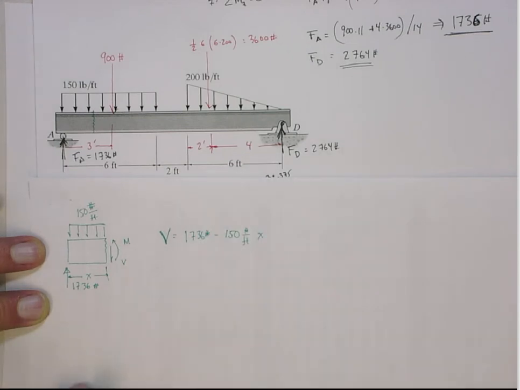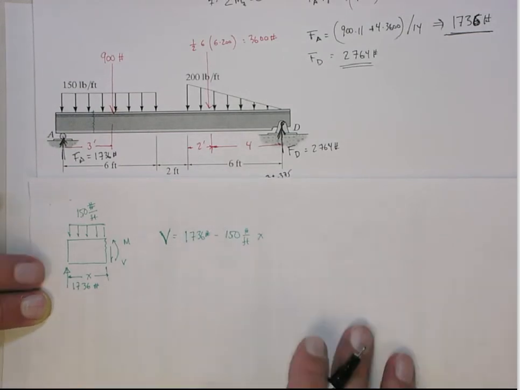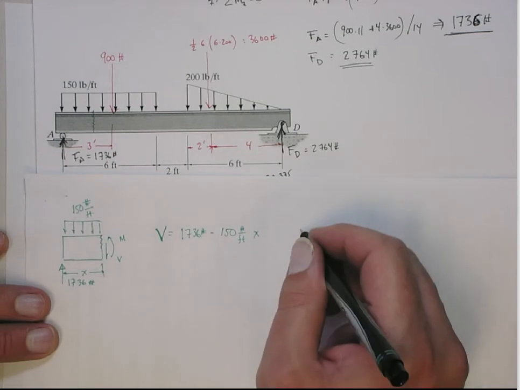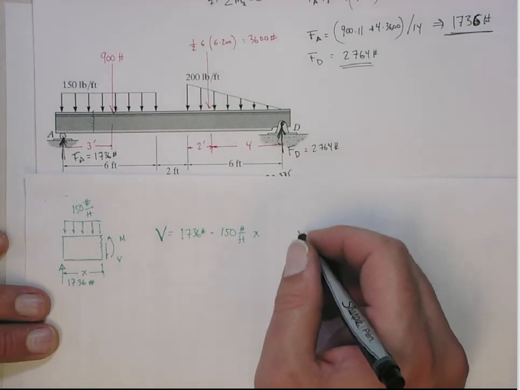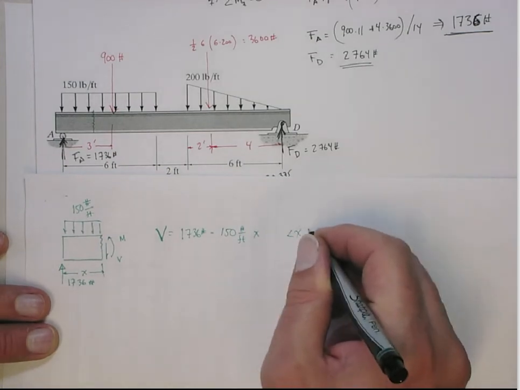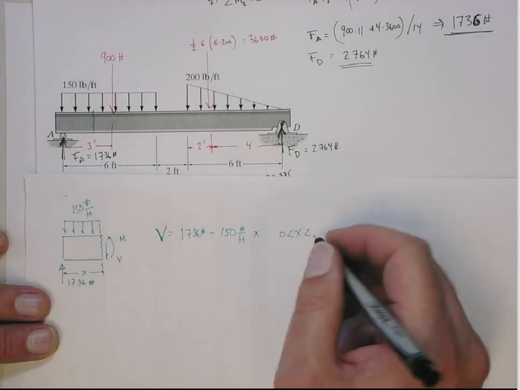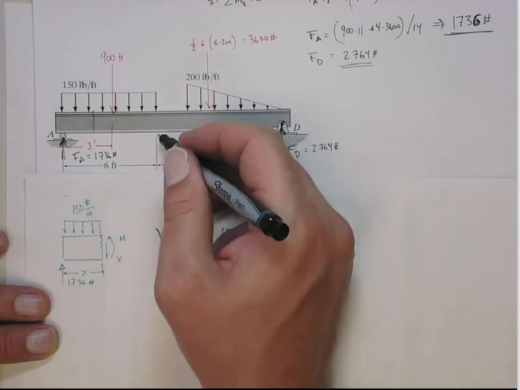All right? That's for x between 0 and 6 feet, just up to that point.